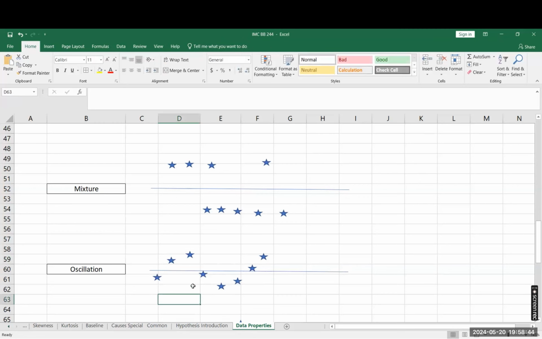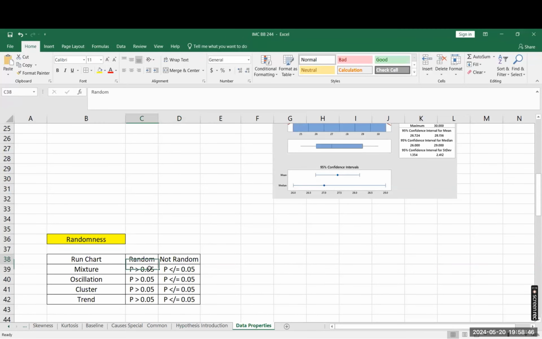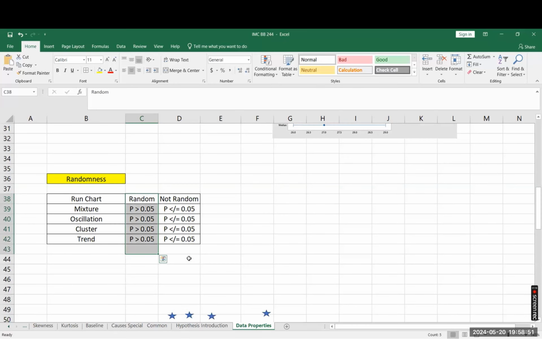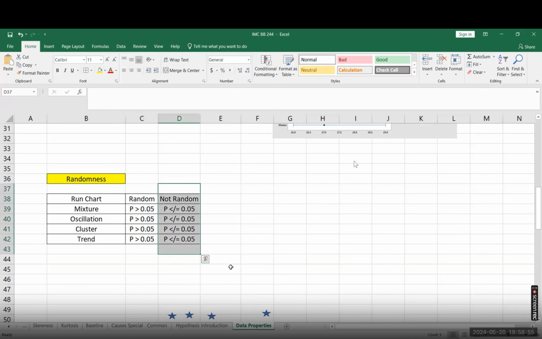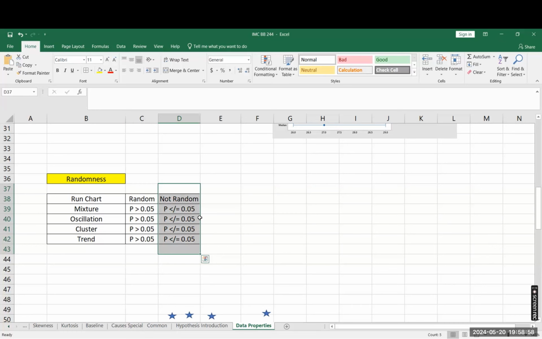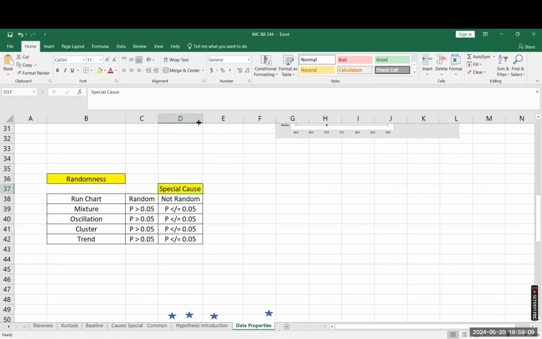If data is random, then p-value will be greater than 0.05. In case p-value comes less than 0.05, then we'll say data is not random. And data is not random means it's a special cause. And our objective is to find out a special cause in the data. That's what is the meaning. And if the value is 0.05, it's a special cause, and we would not be checking the mixture, oscillation, cluster, or trend of the data.